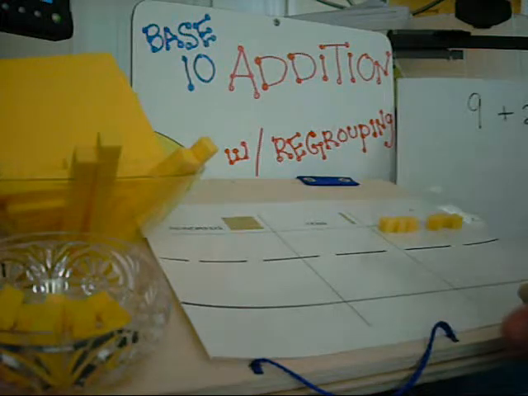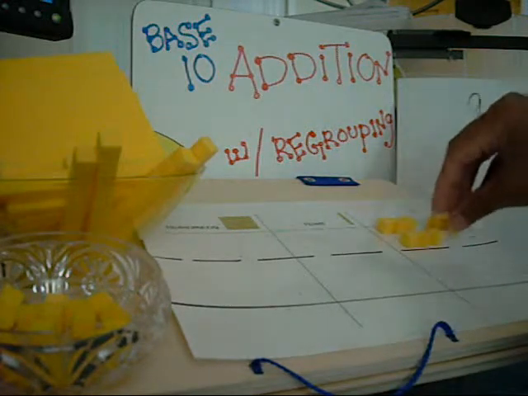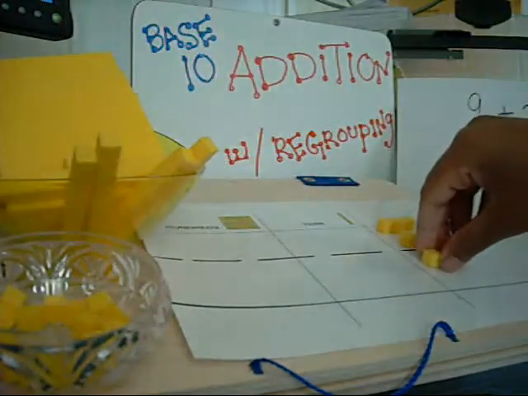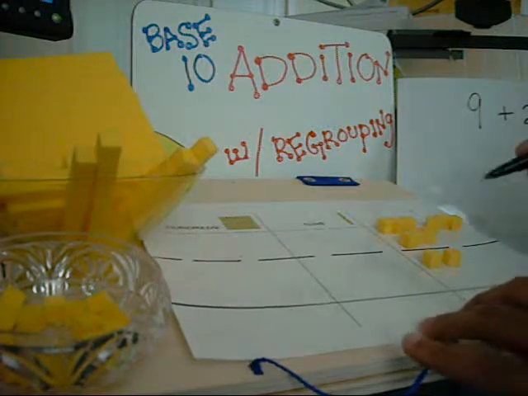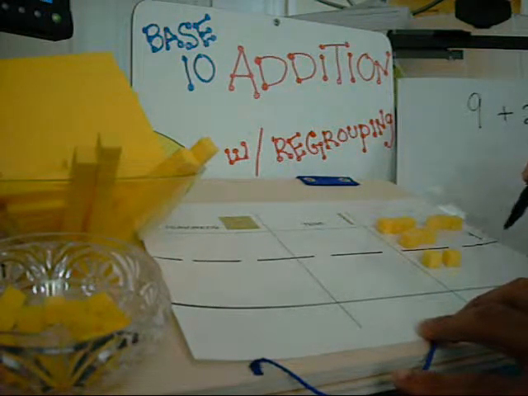I'm going to put that on top. And then we'll take our second number, 2. We'll put that on the bottom. That's our second number. And I always like to write somewhere 9 and 2.